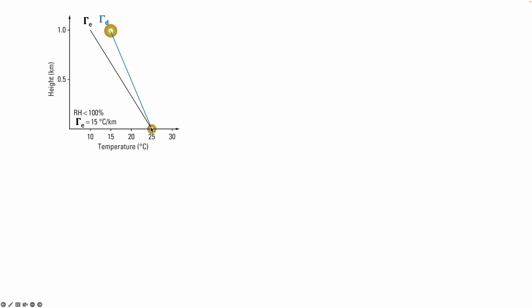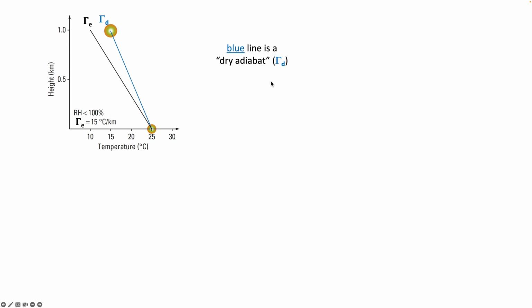So when we lift a dry parcel through this environment, the air inside the parcel is going to cool from 25 degrees at the surface to 15 degrees at 1 kilometer. So it's going to cool 10 degrees as you lift it 1 kilometer. And so our dry adiabat basically shows us the temperature inside of our dry parcel at any location along this vertical path from the surface to 1 kilometer.